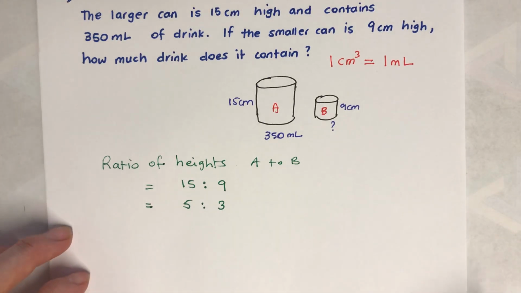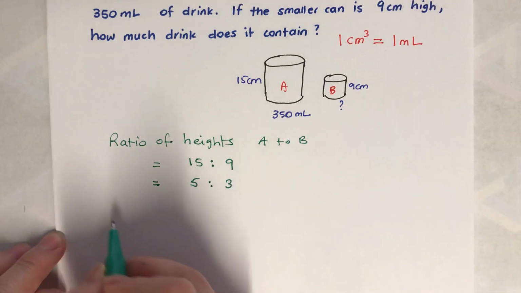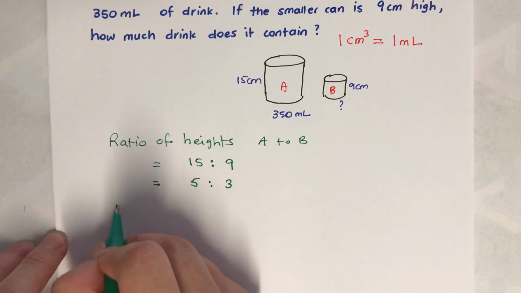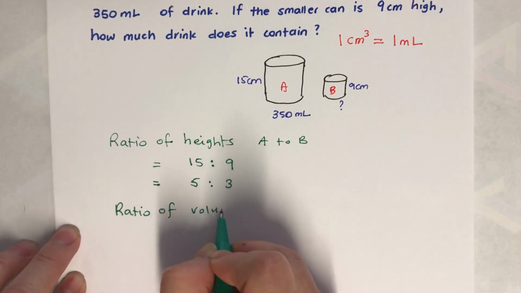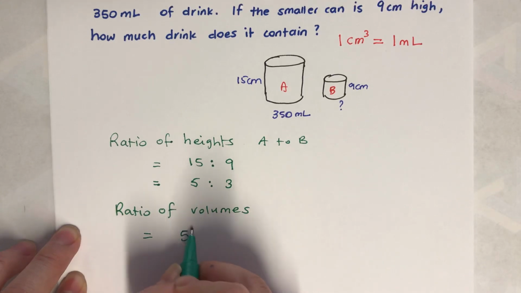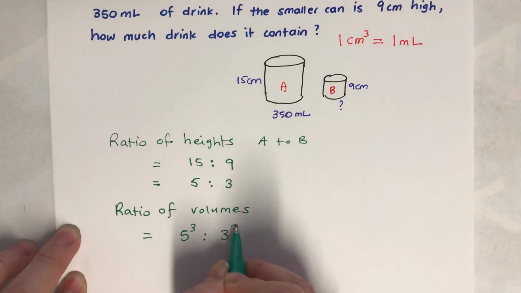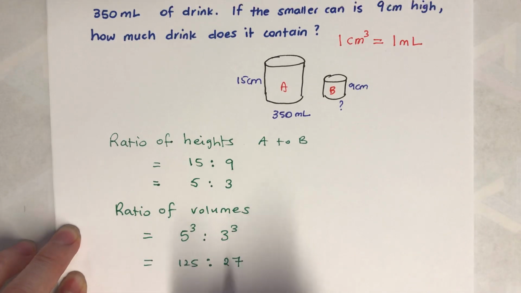Now from here, we can go volume or surface area, but the question says volume. So the ratio of volumes equals 5 cubed to 3 cubed, which is 125 to 27.